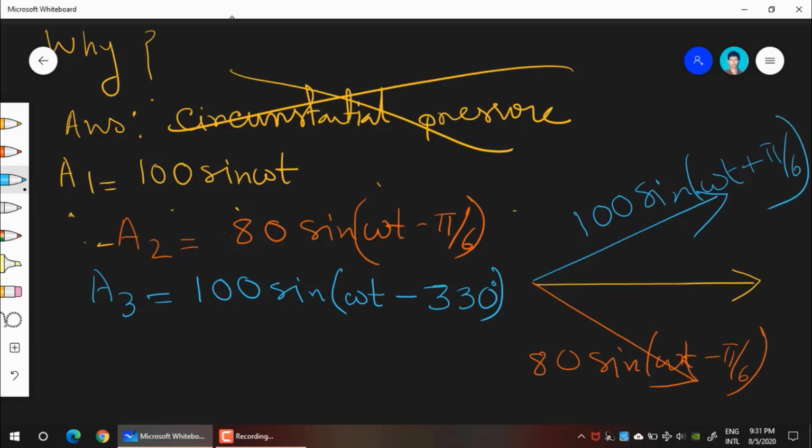So one thing we can conclude from this image is the essence of the Phasor diagram, the advantage it offers us. Advantage number one is that it is easy to comprehend.